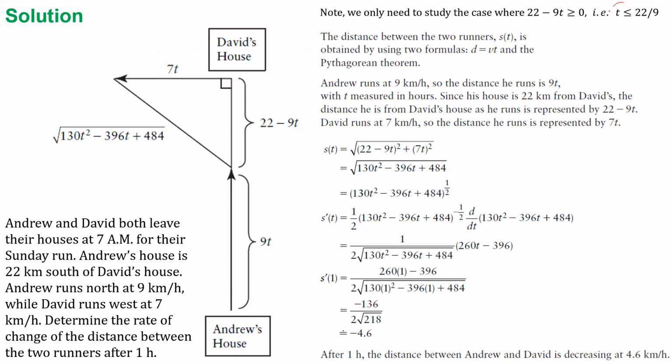That is when t is smaller than or equal to 22 over 9, right? Because we know the total length is 22 from David's house to Andrew's house.